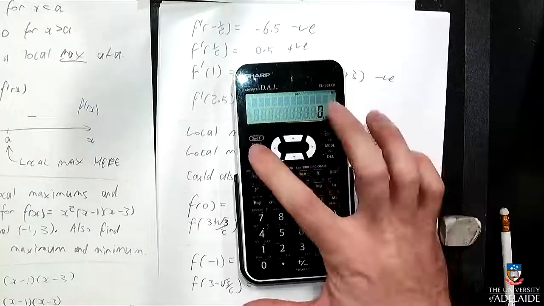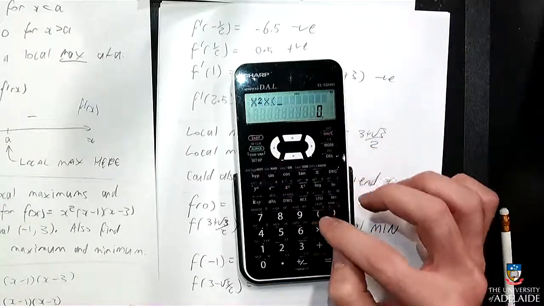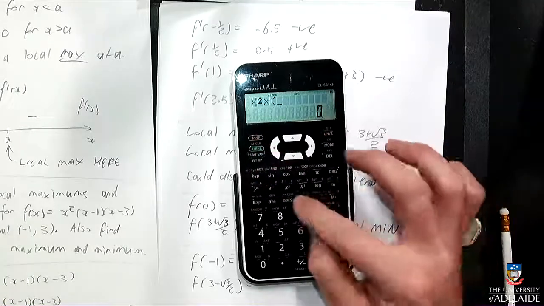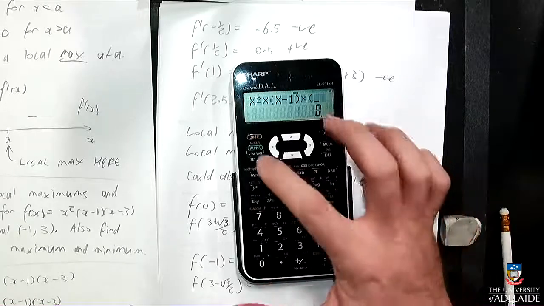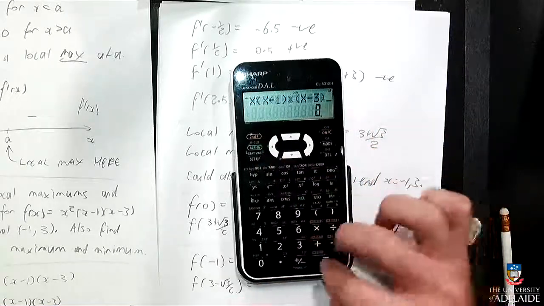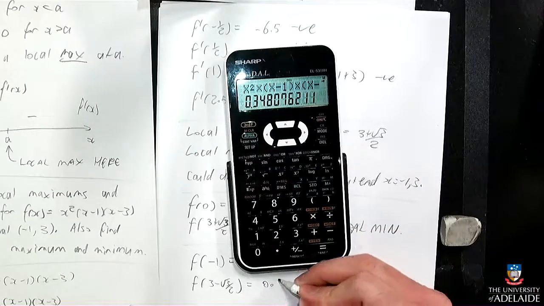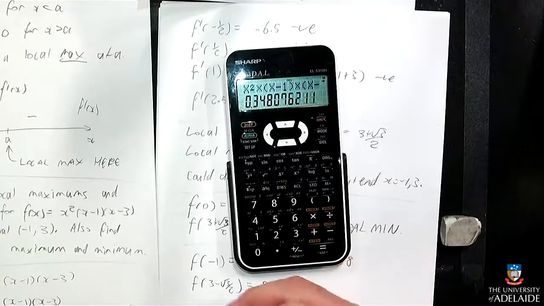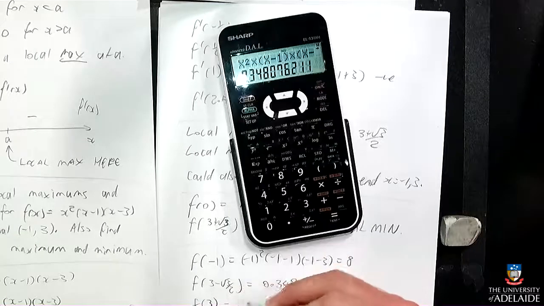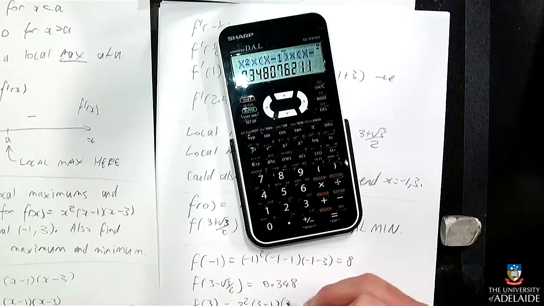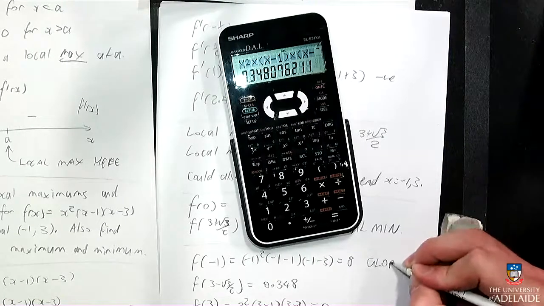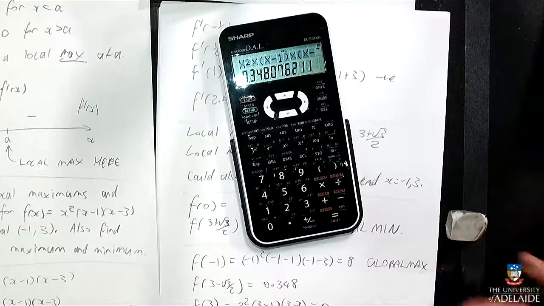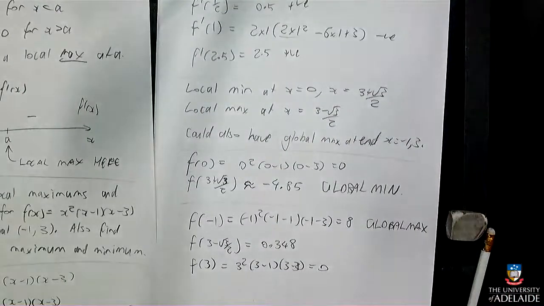And then we have x squared times x minus 1 times x minus 3, 0.348, and f of 3, 3 squared, 3 minus 1, 3 minus 3 is 0. Okay, so this one's the global maximum here, because out of these three options, that's the highest.